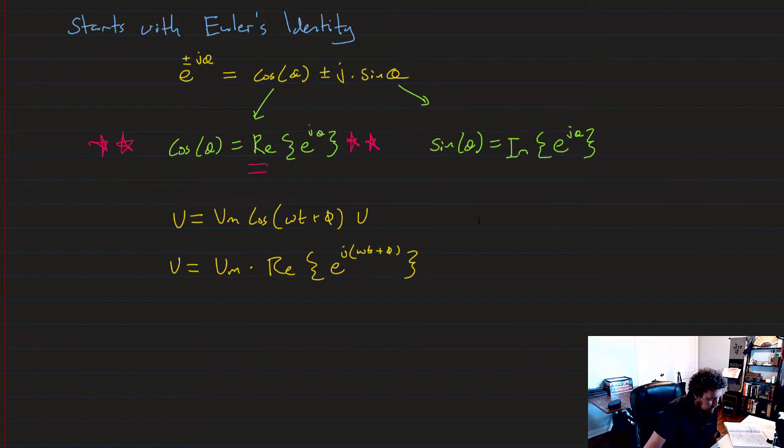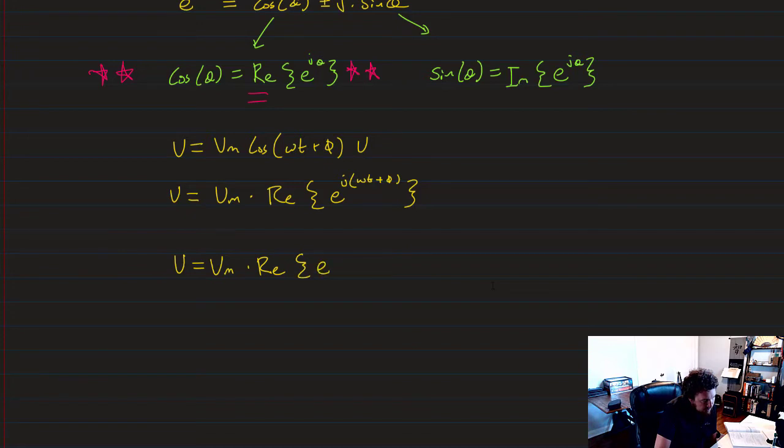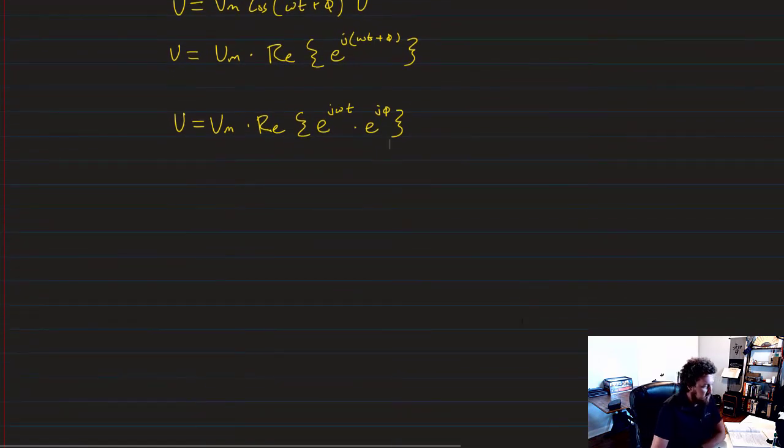And we can distribute the j through. And remember, exponents that add multiply, so we're going to rewrite this as v is equal to Vm times the real component of e to the j omega t times e to the j phi.